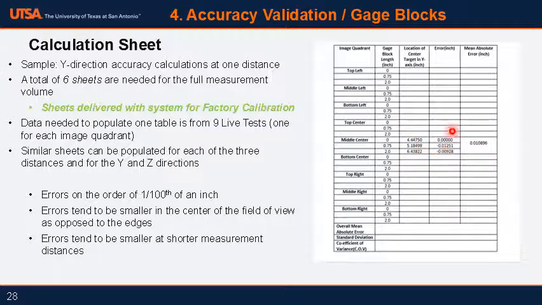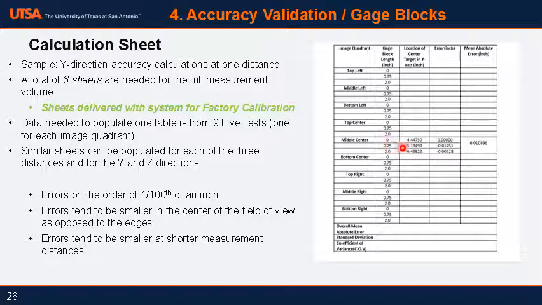And then we get the error between the movement. So we start off when you have no gauge block, it is 4.4475 inches relative to that reference axis that you selected in the y direction.